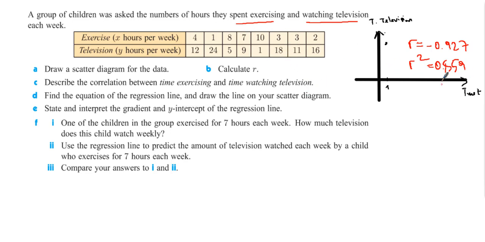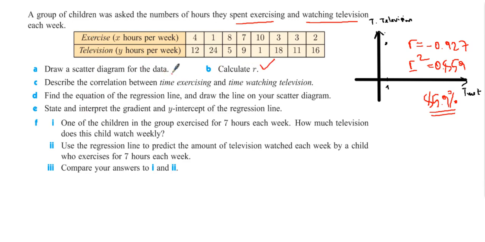If there is a question like how well, it's answered by 85.9%. So it's a pretty good number. You don't need to know R squared, but if you're doing your IA, this number is very important. Okay, so there is a strong negative correlation between the hours spent on exercise and television time.